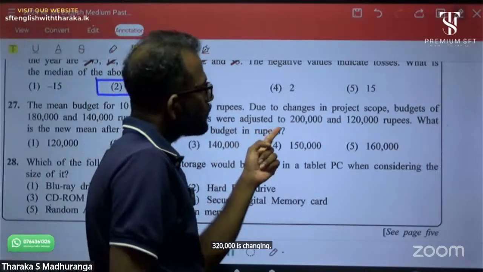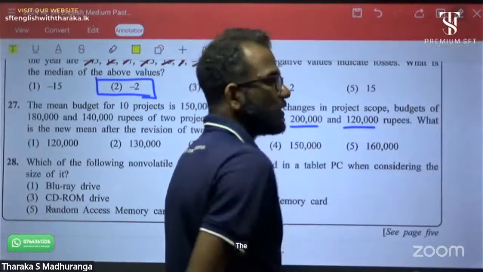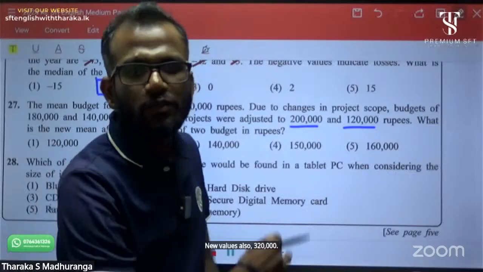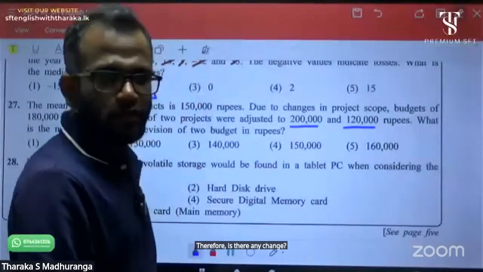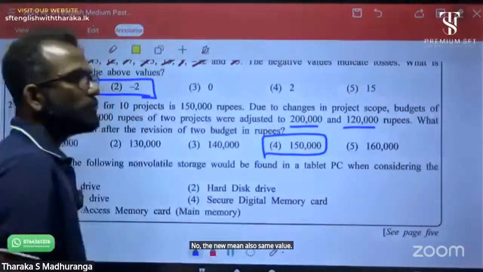But can you see the sum of these new values also 320,000, 200 plus 120,000. Therefore, is there any change? No, the new mean also same value. New mean also same value.